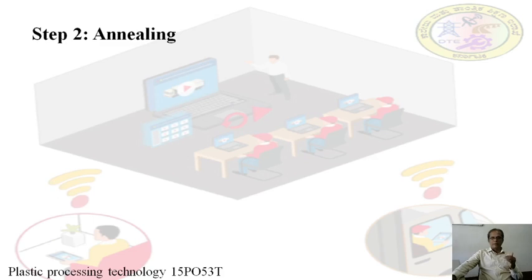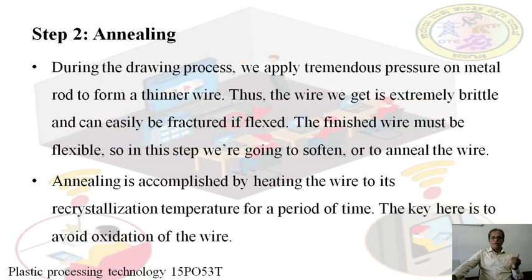In the second step, annealing of the wire is done in order to attain better strength. During the drawing process, we apply tremendous pressure on the metal rod to form a thinner wire. Thus, the wire we get is extremely brittle and can easily be fractured if flexed.